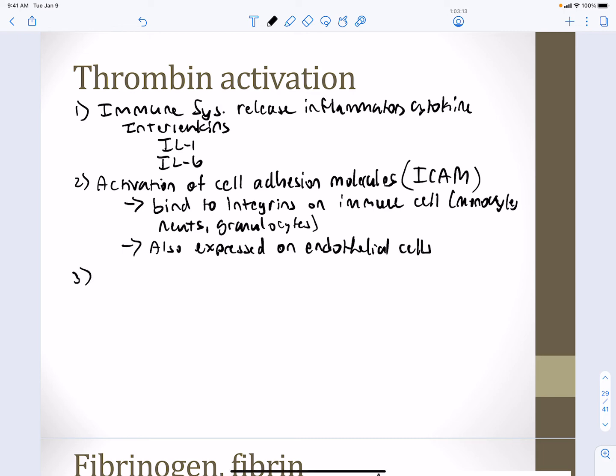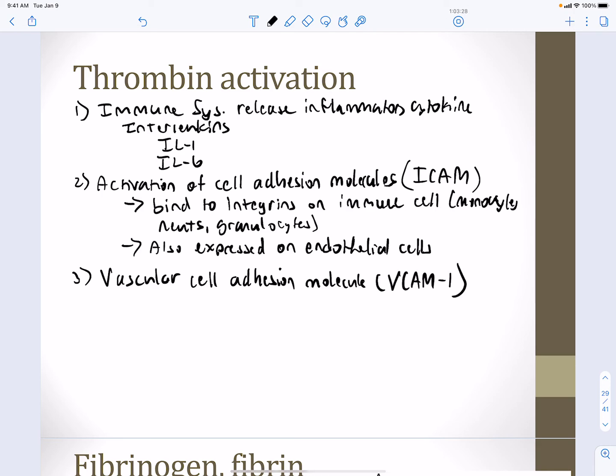And then you're going to get your vascular cell adhesion molecules, which are called VCAMs. This allows adhesion molecules to be expressed via your vascular endothelial cells, and it allows your white blood cells to interact with your vascular endothelial cells.